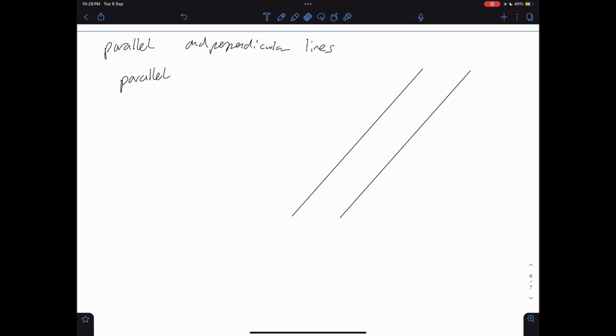So a question you might get maybe is, to this line, which you may have been given in the question or have had to find out through working in a longer problem, there's a line parallel to this and it's through a point.